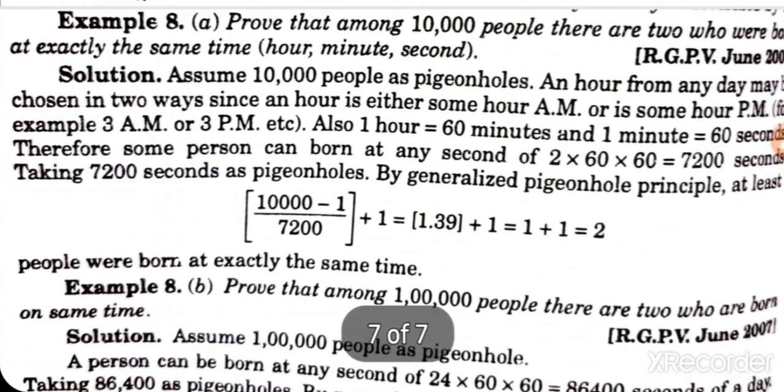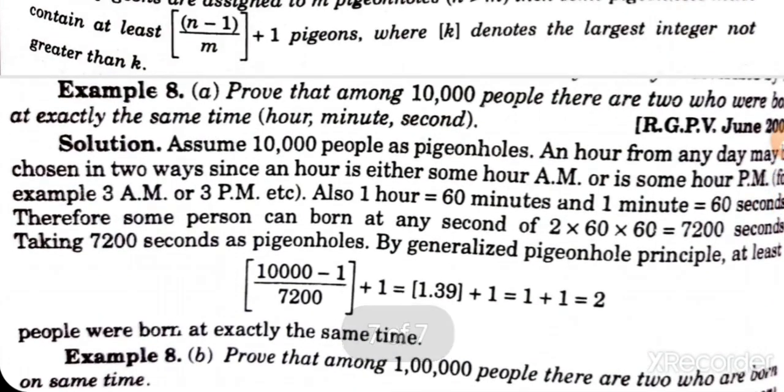Now to an example: prove that among 10,000 people there are two who were born at exactly the same time, hour, minute, second. 10,000 people are pigeons, and for an hour of any day it may be chosen two ways, either AM or PM, 3 AM or 3 PM. 1 hour is equal to 60 minutes, 1 minute is equal to 60 seconds.